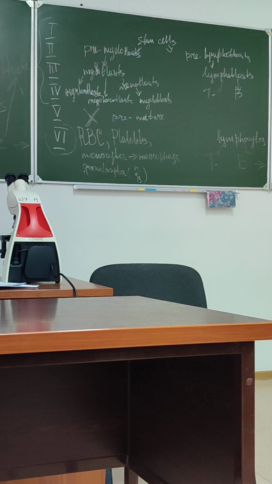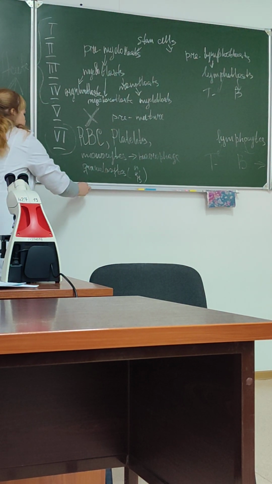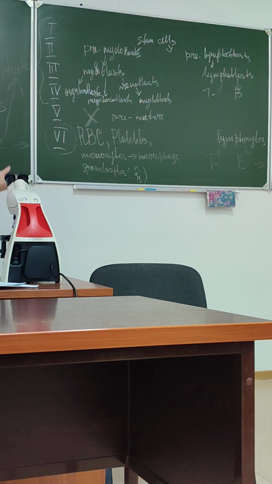Acute monoblastic, acute erythroblastic. What is the name by the predominant blast? If from the monoblast, it's called monoblastic leukemia. In general, acute leukemia is subdivided into two main parts: myeloblastic and lymphoblastic.